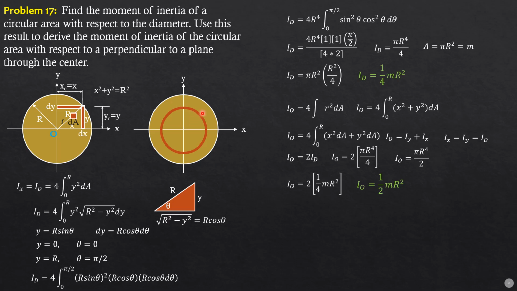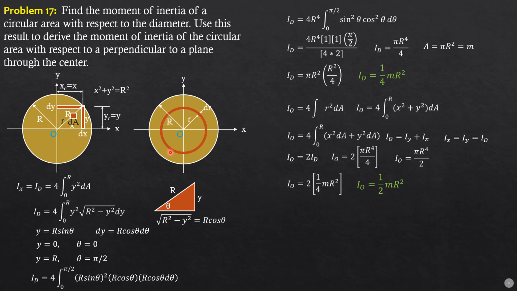The radius is small r, and the thickness of that ring is dr, and its distance of course is r, so that every element of this circular ring is equidistant from the origin, and that is r. So I O equals integral of constant distance squared, small r squared. Differential area is the differential area of this circular ring.